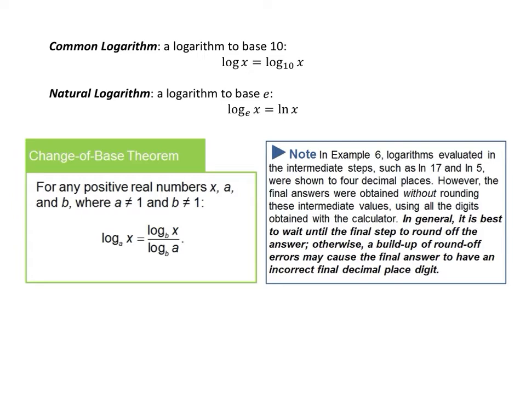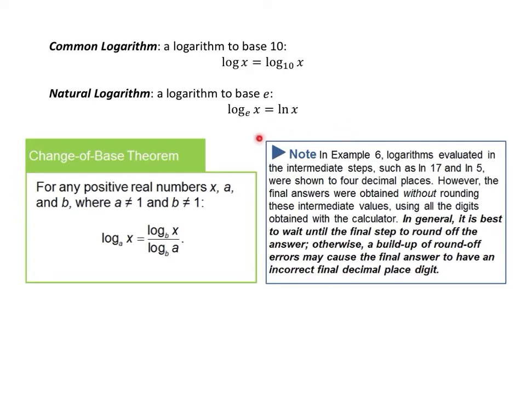So as long as your bases are not equal to 1, if you have the log of any base, you change that to either base 10 or base e, and I'm going to take the log base x, that's this number here, divided by the log of the original base that I had. This also works with natural log, and I'll show you some examples.